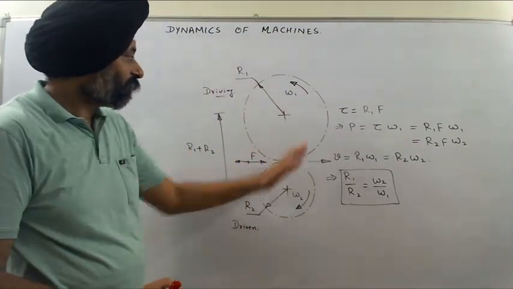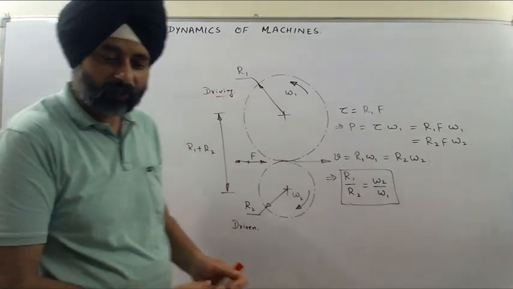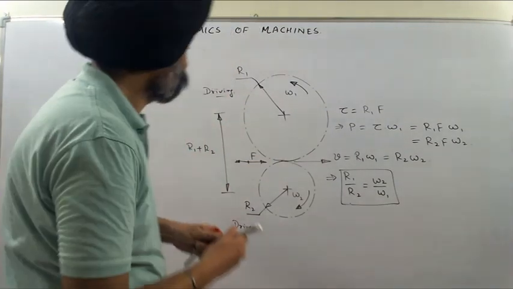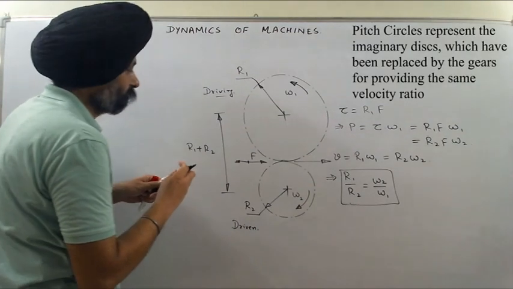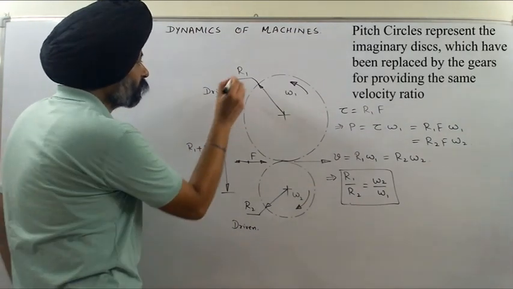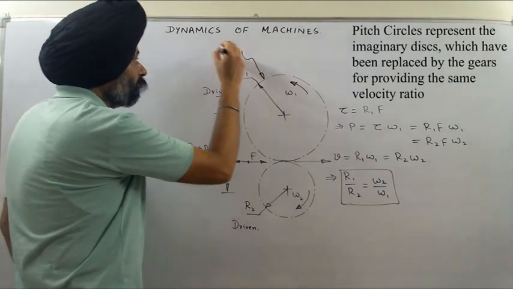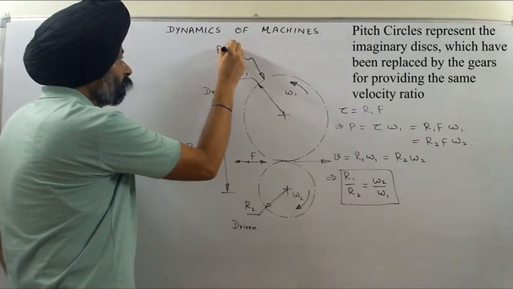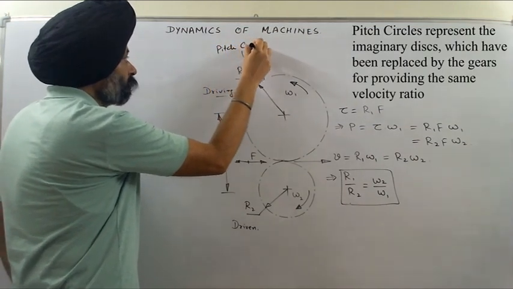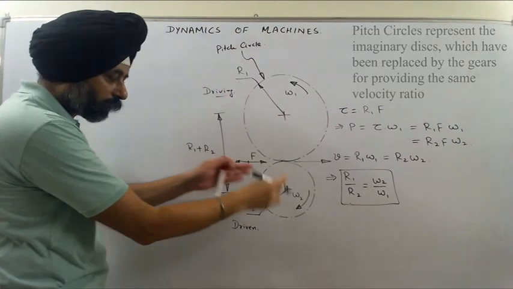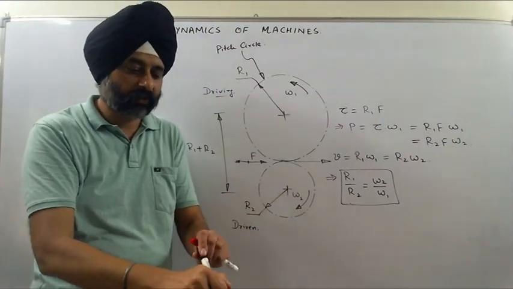So we have replaced these with the pitch circles. They represent the imaginary discs which have been replaced by the gear. So now I label this as the pitch circle of the first gear, likewise the pitch circle for the second gear.